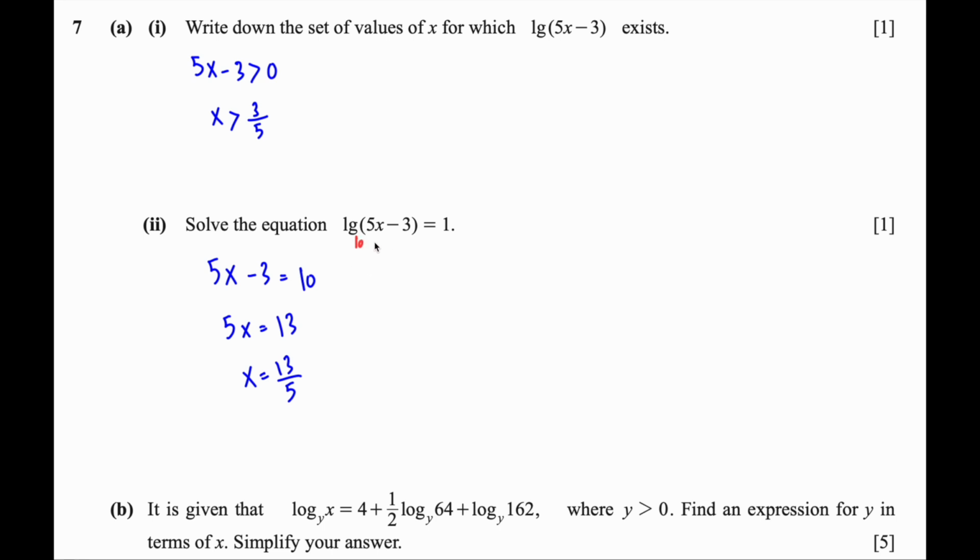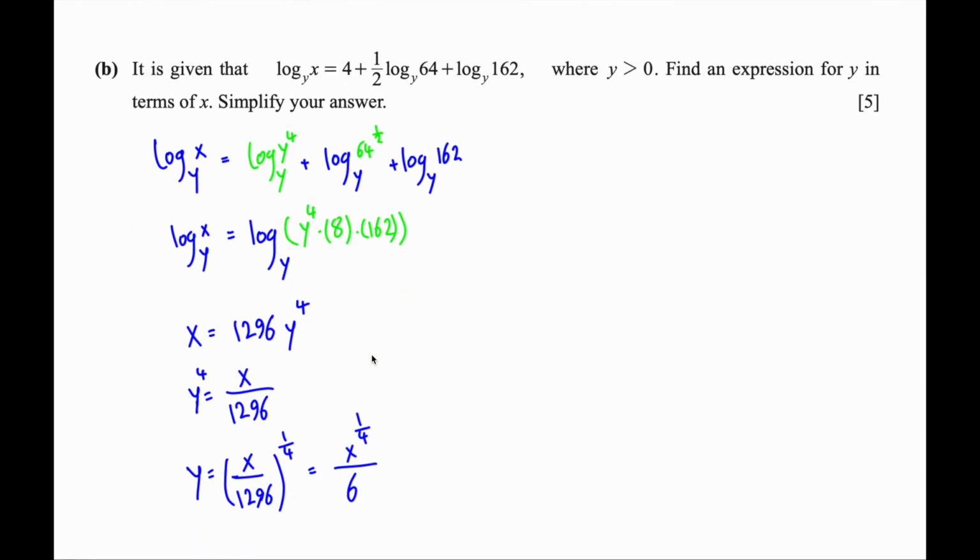And if the base is 10, the base raised to this should give me what's in front of the logarithm, or the argument of our logarithm. So 10 to the power of 1, which is 10, should be equal to 5x minus 3. And then negative 3 goes to the other side. I get 13. Divide both sides by 5, and you end up with 13/5.